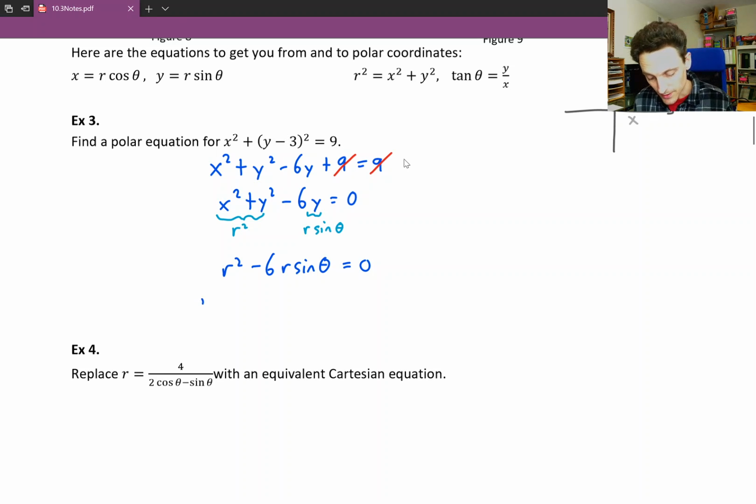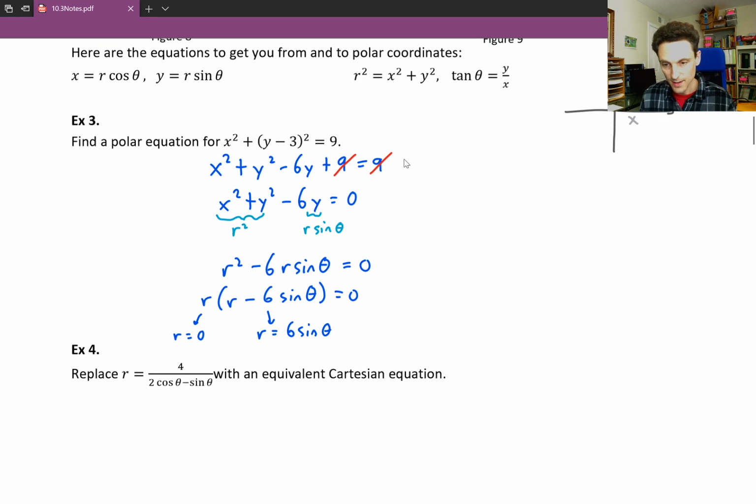Now here what we could do is factor out an r, and then set each factor equal to 0. Here we'll get r equals 6 sine theta. And so these are the two possible solutions to this equation. Really the second one, r equals 6 sine theta, will cover both of them, because if you allow theta to be 0, then it covers the r equals 0 case.